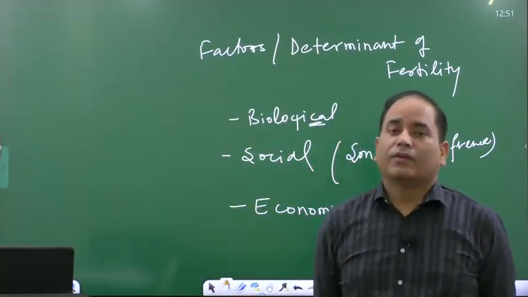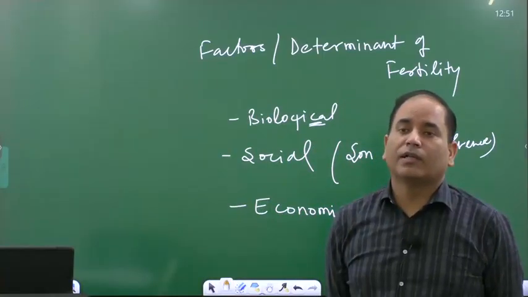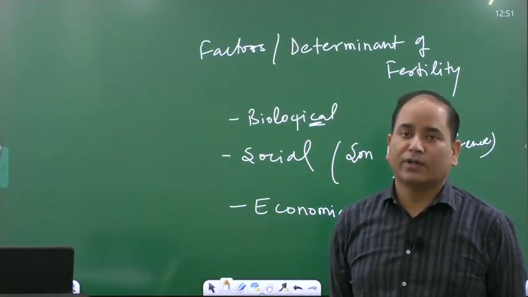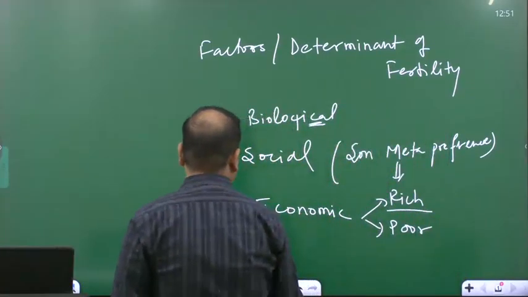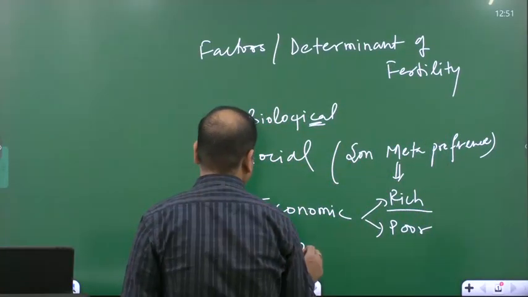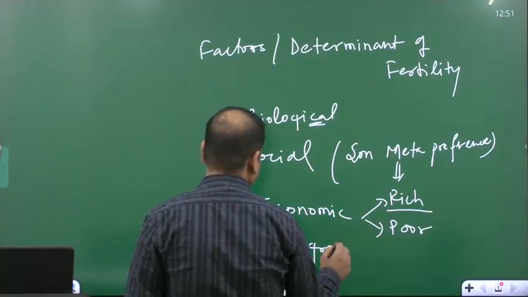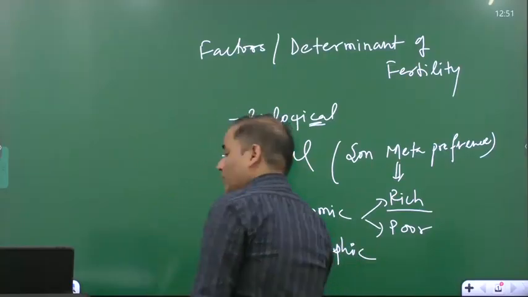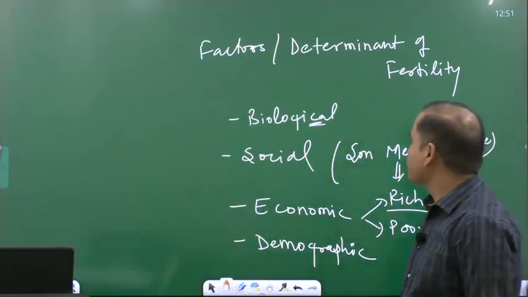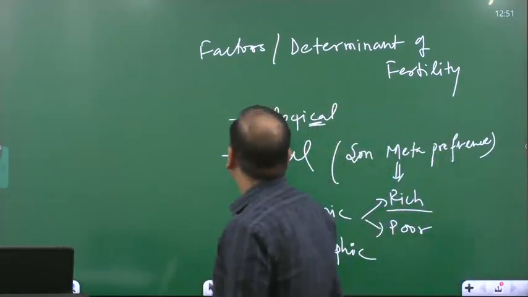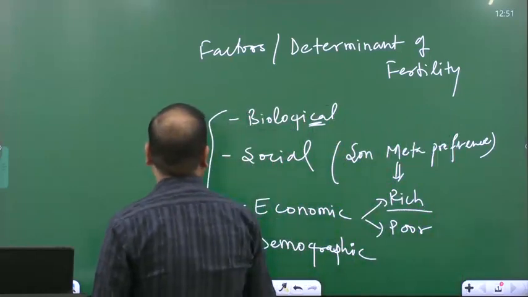So sometimes biological diseases also play an important role. Then there is one more factor, demographic, population related. So these are some of the factors that you can write.